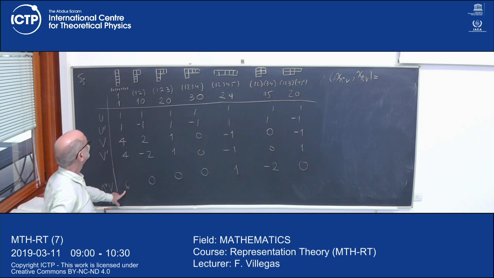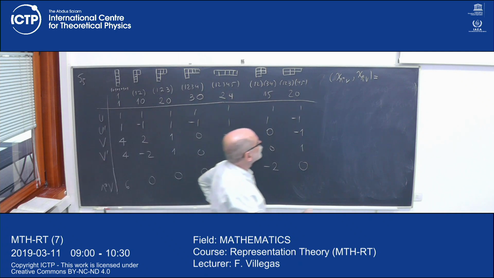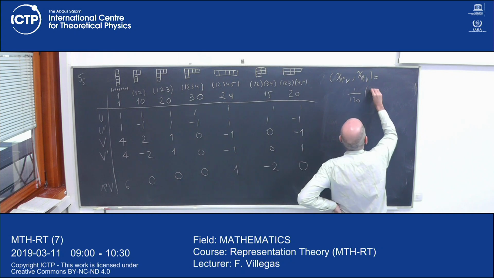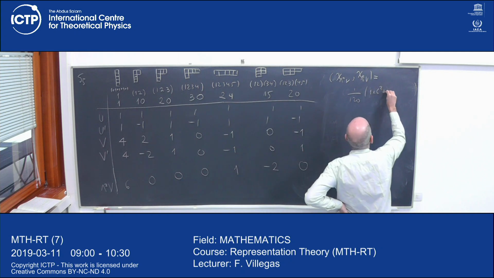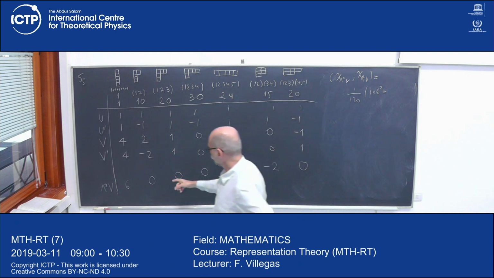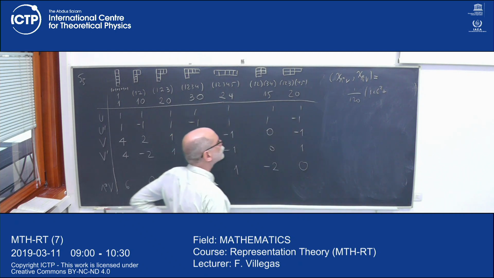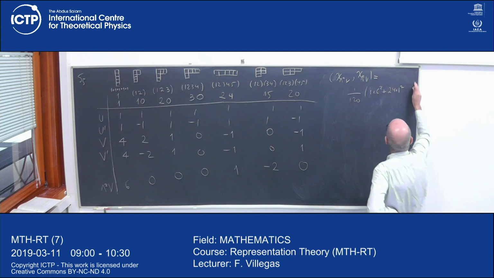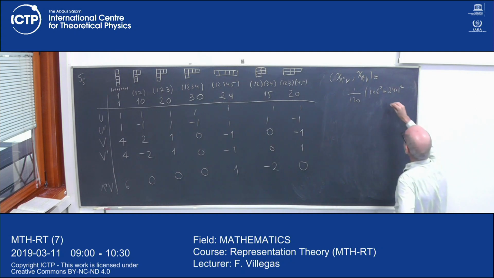So we have 6 squared, so I'll write 120, 1 times 6 squared. Then I won't write the zeros. We have 24 times 1 squared plus 15 times (-2) squared.